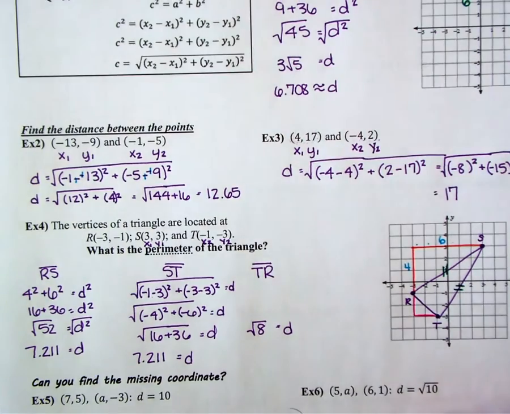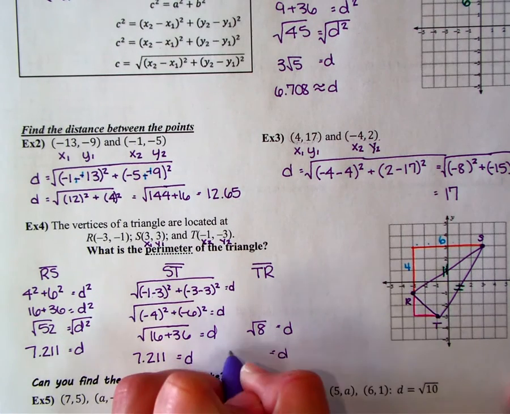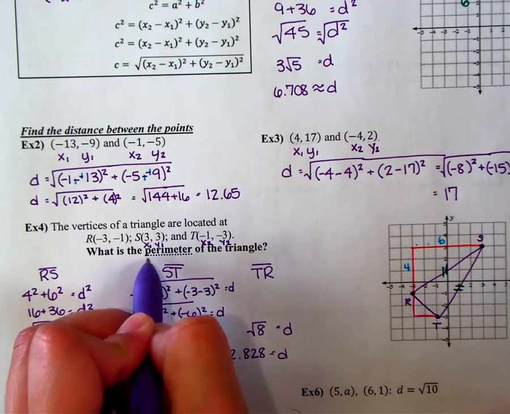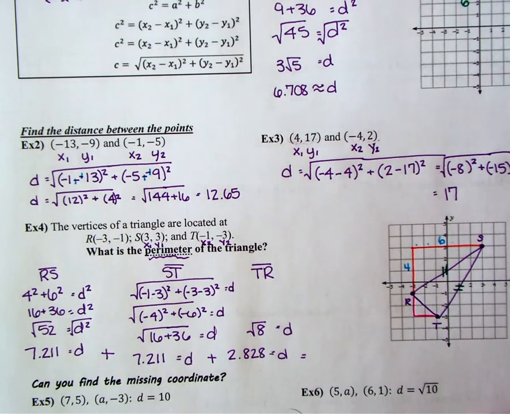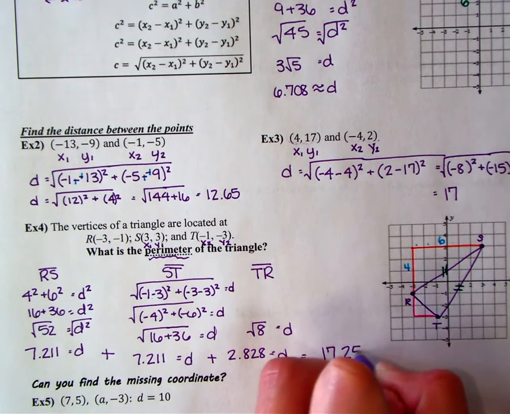So whichever method you did, you should have gotten that the distance is the square root of 8, which is about 2.828. So to fully answer the question, we're asking for the perimeter, so we are going to add all three of those values. And we find that the perimeter is 17.25.